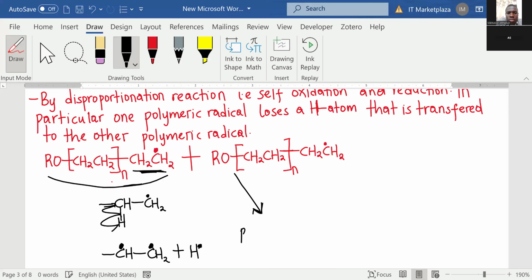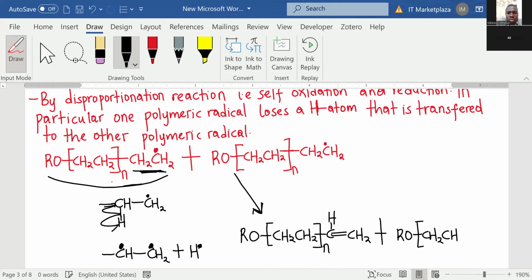Therefore, for disproportionation of these two, we obtain the following products. We shall obtain RO, CH2, CH2, N, then CH double bond CH2, plus a hydrogen transferred to the other, RO, CH2, CH2, N, CH2, CH3.